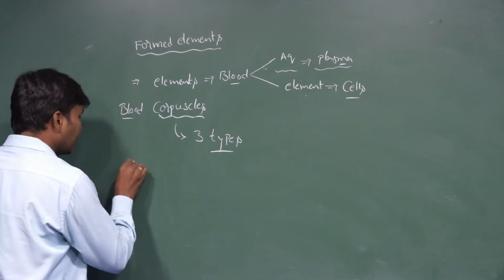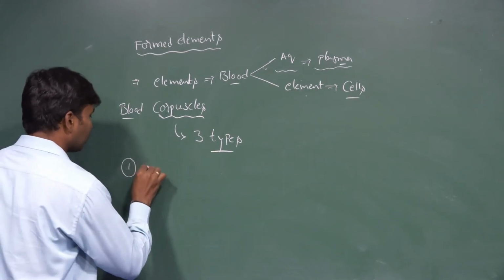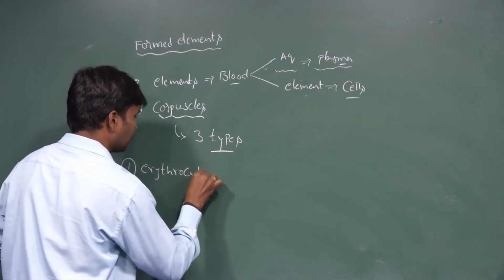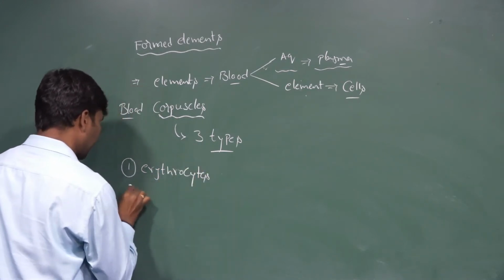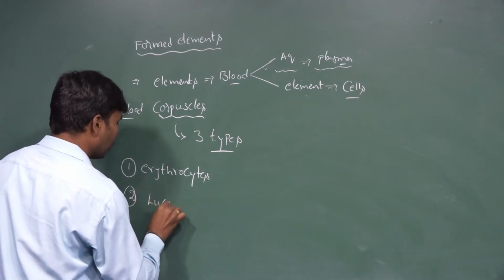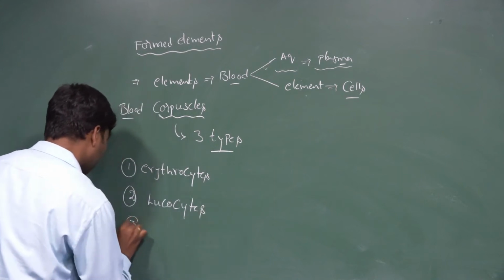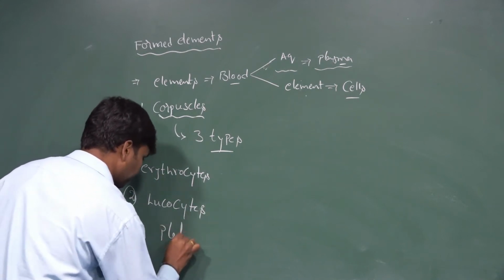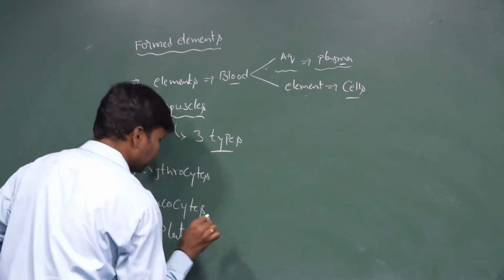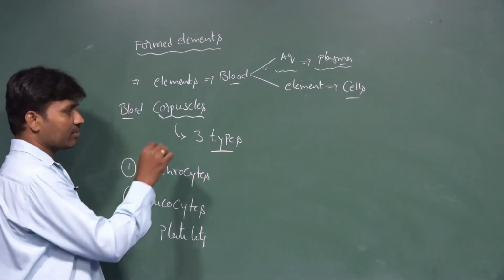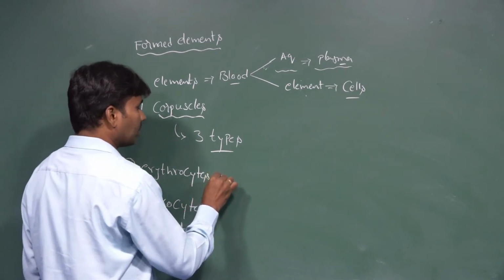One is erythrocytes, second is leukocytes, third is platelets. These are the three types of elements. Three types of cells are presented in the blood.